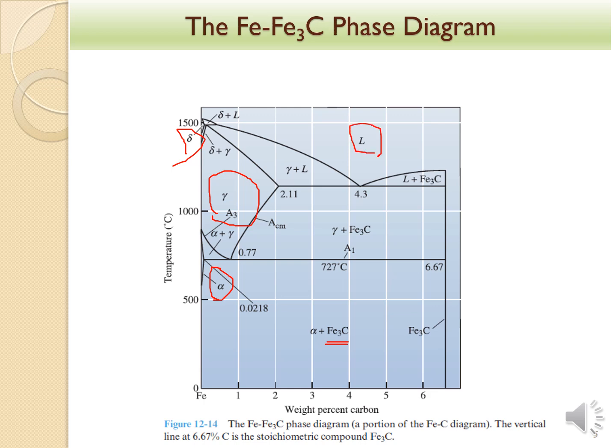Another way to identify a reaction is that it takes place at a constant temperature, so you'll see those horizontal lines, called isothermal lines or isotherms, which means constant temperature. Those lines all represent our reactions.